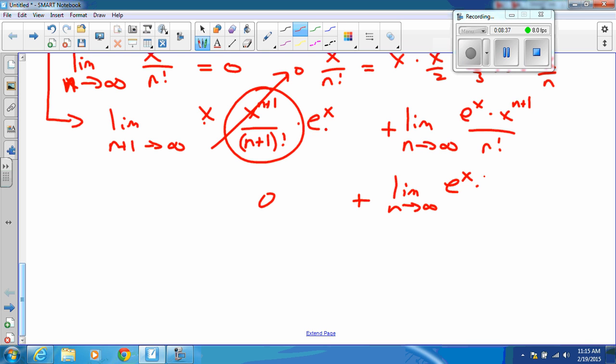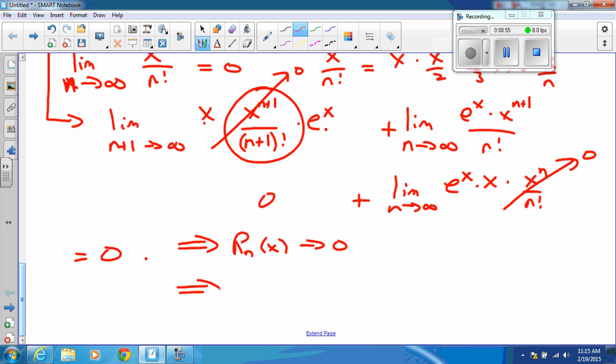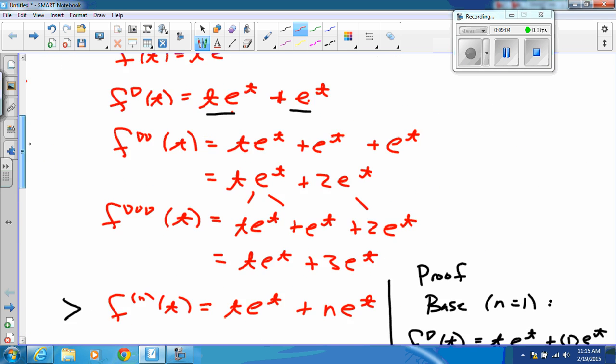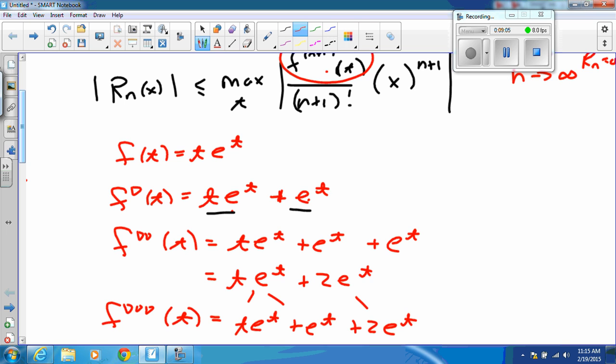And again, I have a constant e to the x, one constant factor of x, and I have x to the n over n factorial, which goes to 0. And so all of this goes to 0 for any value of x, which means that Tn of x goes to f of x for large enough n.